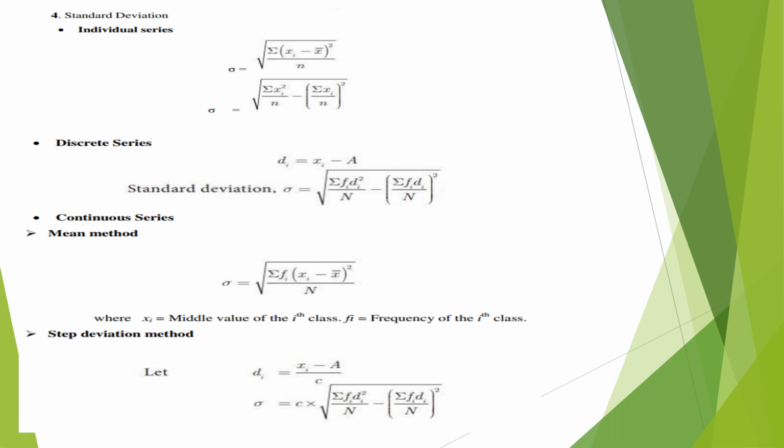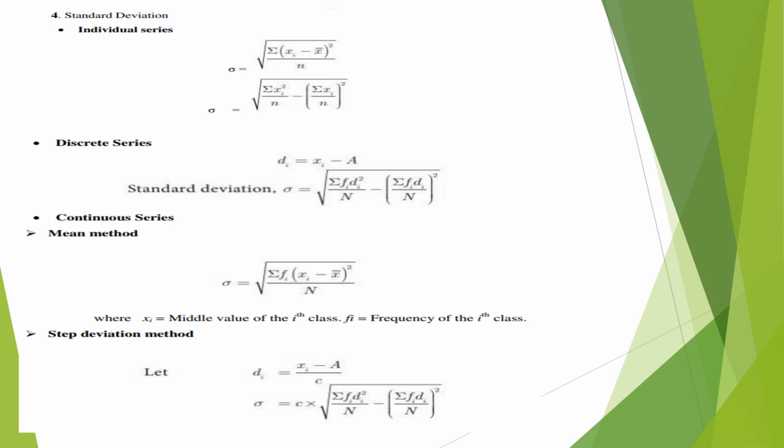In case of standard deviation, again individual series, there is another formula, under root sigma x minus x mean whole square upon n, where n is the number of observations. In discrete series, we use frequency. So, sigma is equal to under root sigma fd square upon n minus sigma fd upon n whole square. And in continuous series, mean method, standard deviation is equal to under root sigma f into x minus x mean whole square upon n.